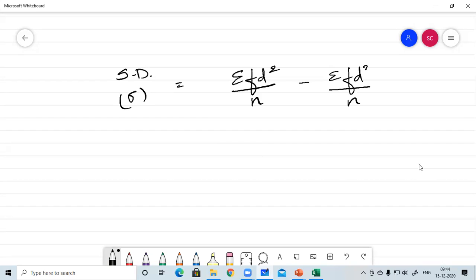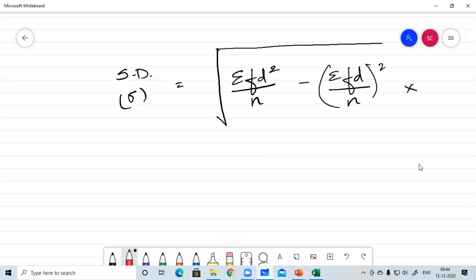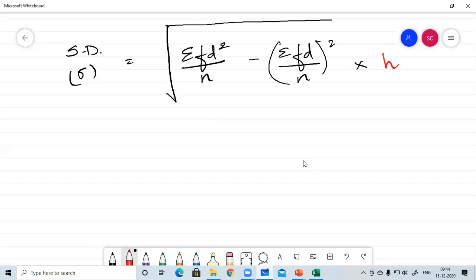The whole thing goes under root, and the addition here is into your h. h stands for class interval, height of a class, length of a class. Now we need a few things.